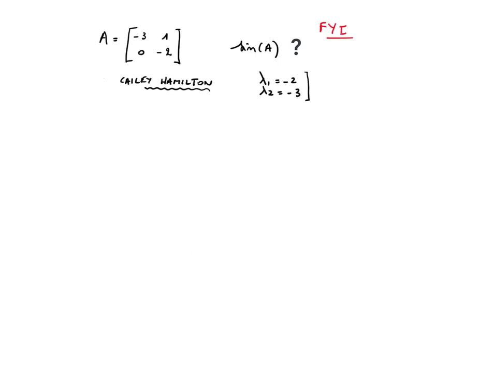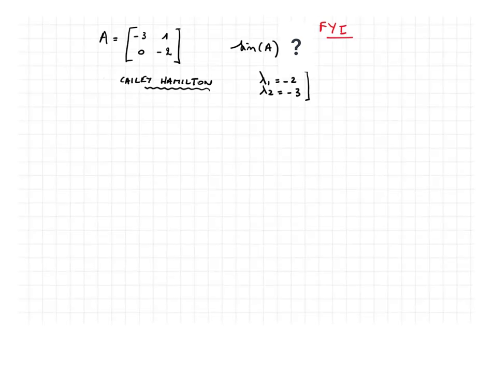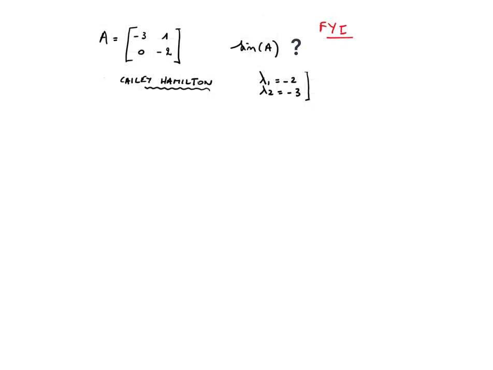In fact, we can use the Cayley-Hamilton method to compute any function of a matrix, and what we'll do here is compute the sine of the matrix A. And of course, since I don't think there are really applications for that, this is only for your information.